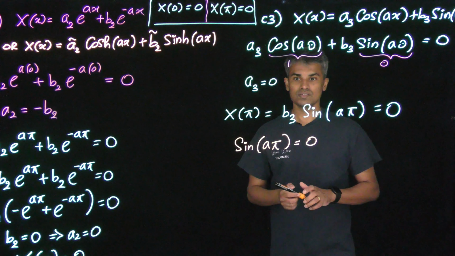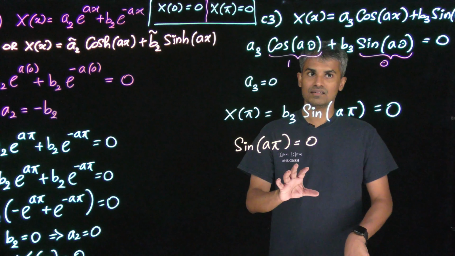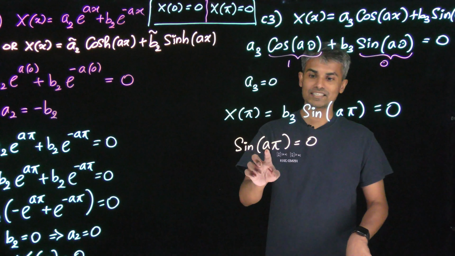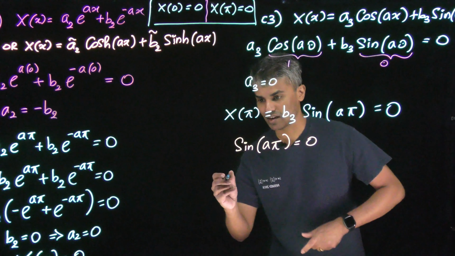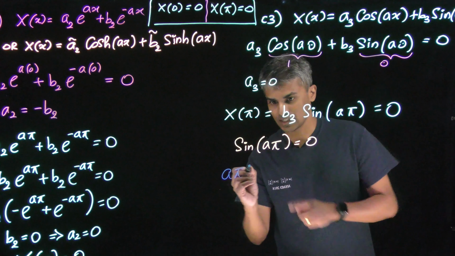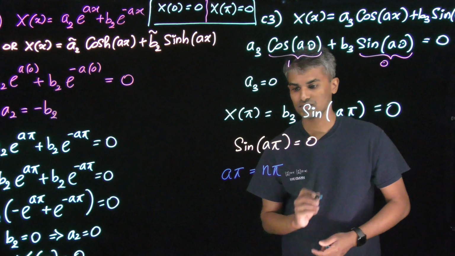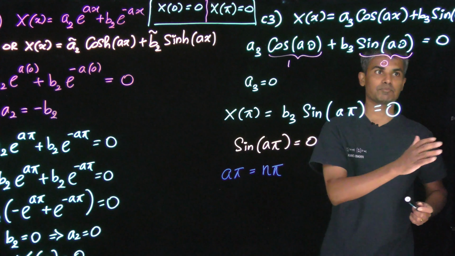Now, as you know, sine of an angle becomes 0 when your angle equals an integer multiple of pi. So if I write it down, then this angle should be an integer multiple of pi. Here n is an integer, n goes from 1, 2, 3 up to infinity.